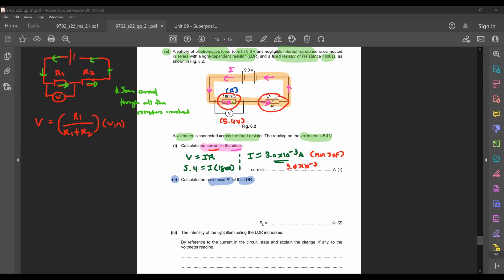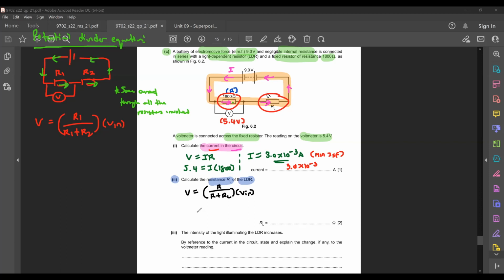You can use the potential divider equation. So if we apply it here, I can say that V equals R over R plus RL times V in. V in is our EMF for my battery.